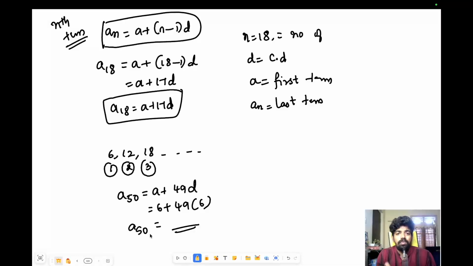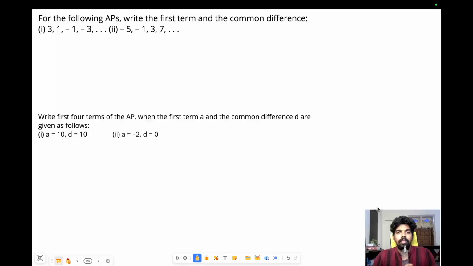So based upon this, we will see some of the questions on the nth term. First question: for the following APs, write the first term and the common difference. That is, for the given APs you have to find the first term and the common difference. Here the given AP is 3, 1, -1, -3. So here the first number would be the first term, that is a1 or a equals 3. How to find the common difference?